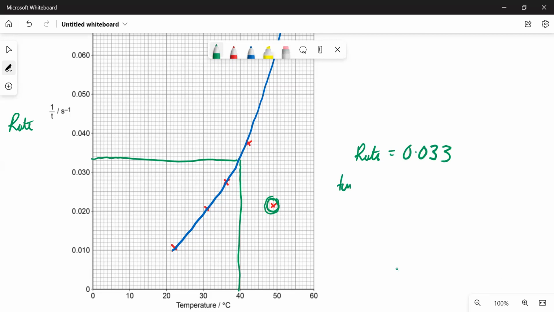So the time taken is going to be 1 over 0.033, which is 30.3 seconds.